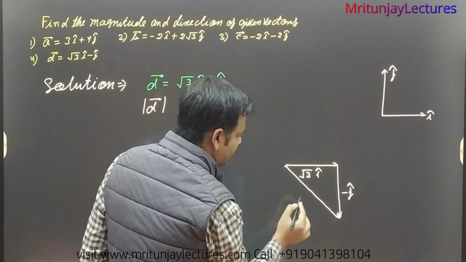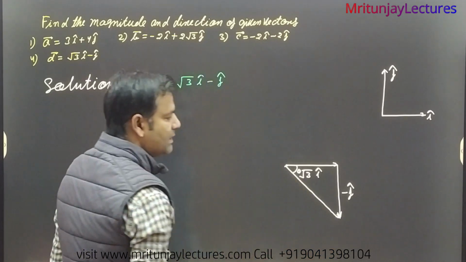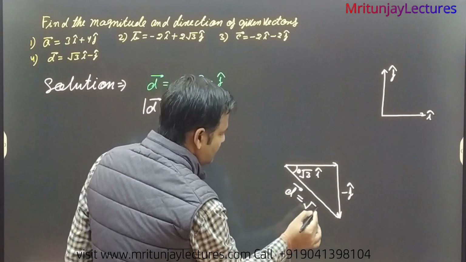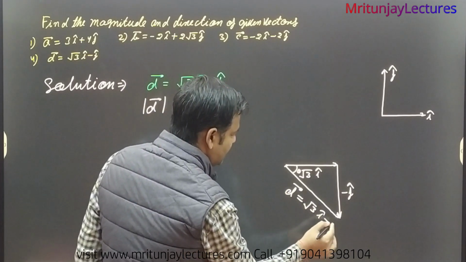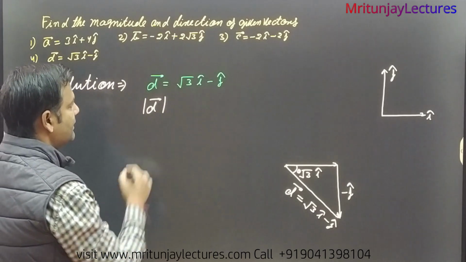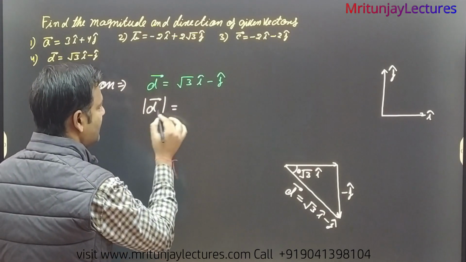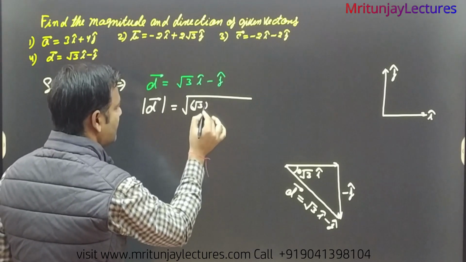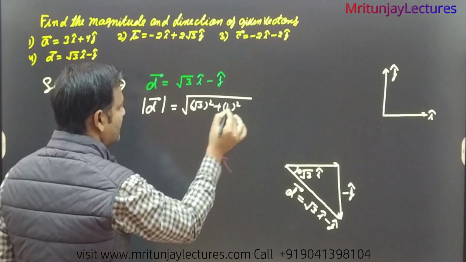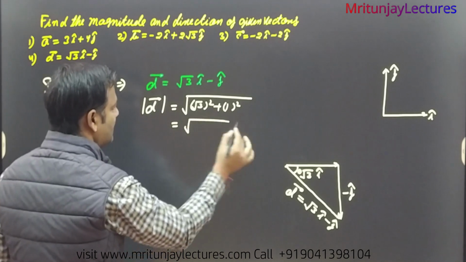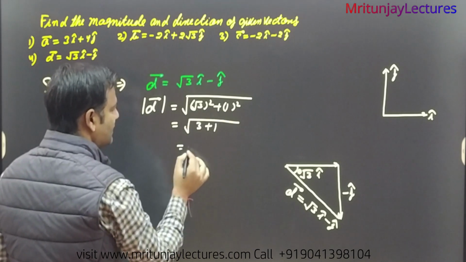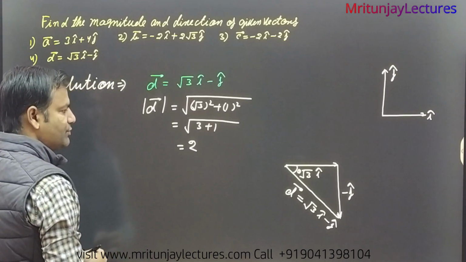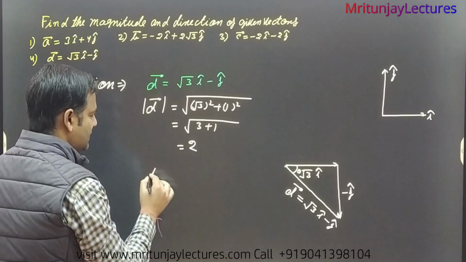And that angle is theta. So d is written as root 3 i cap minus j cap. What about the magnitude? Under root of root 3 square plus 1 square, that is 3 plus 1, which is 4, so that is 2.